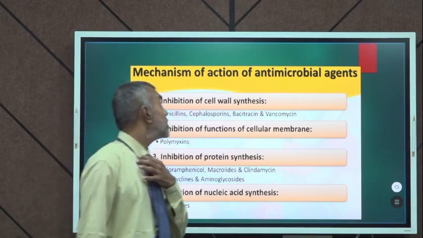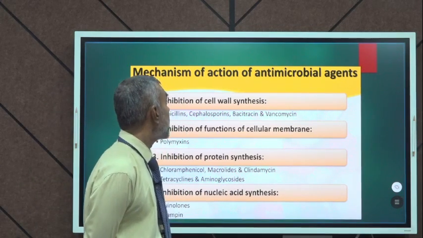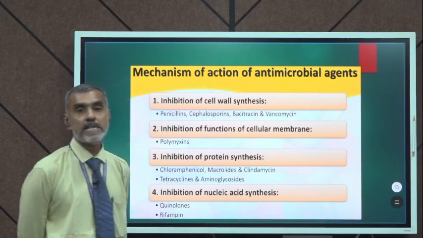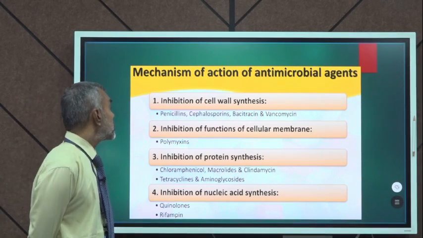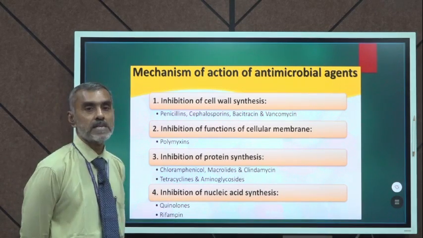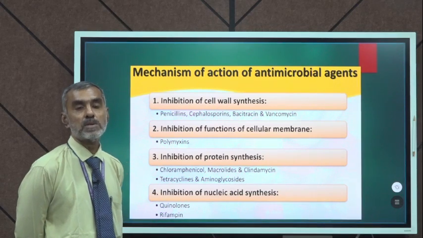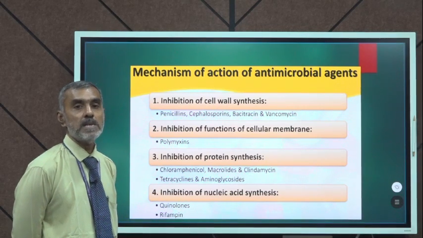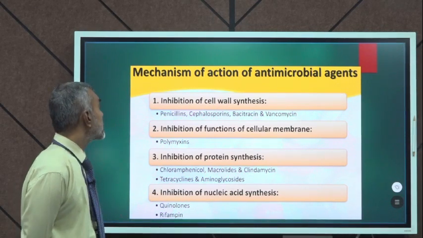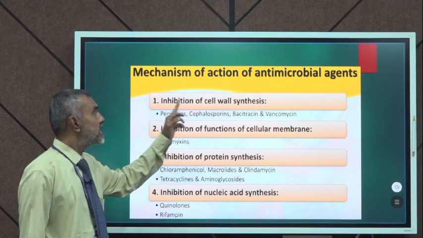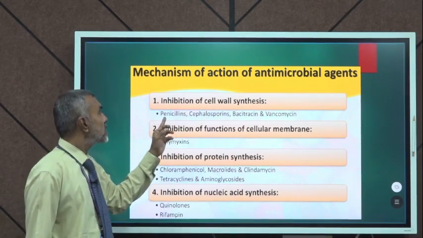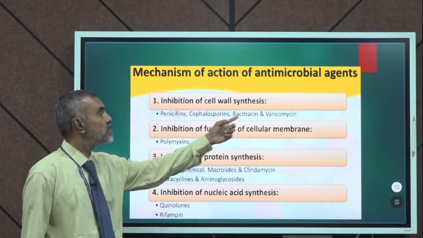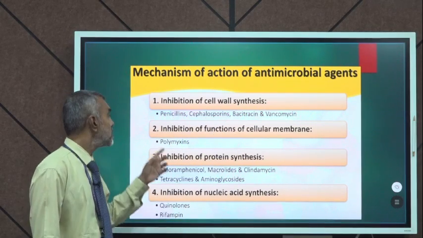And coming to the mechanism of action of antimicrobial agents or antibiotics, there are 4 major mechanisms involved to control microorganisms, especially pathogenic ones. The first one is inhibition of cell wall synthesis, for example penicillin, cephalosporin, bacitracin, vancomycin.